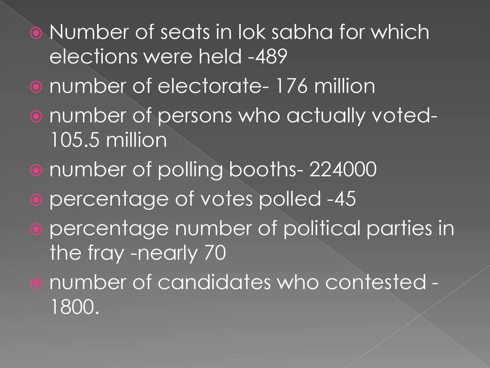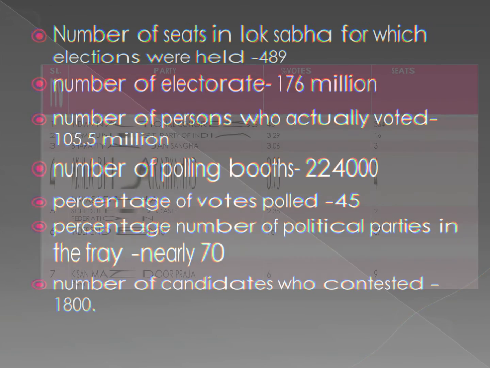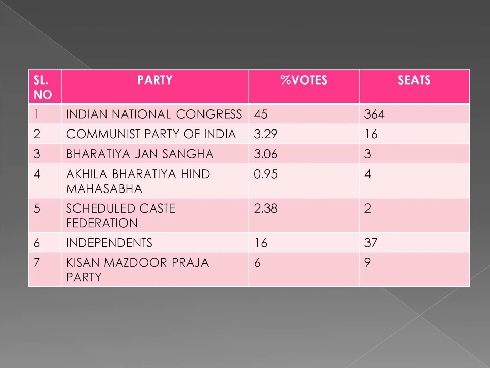Now the result of the election and the party position in the first election. The Indian National Congress got 45% votes and 364 seats. The Communist Party of India got 3.29 percent, 16 seats.